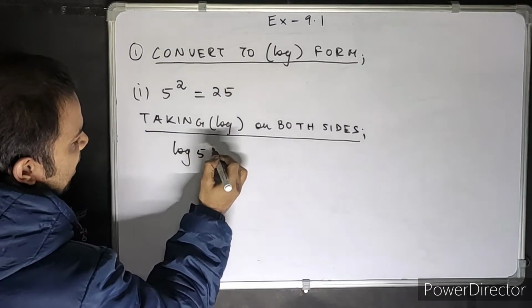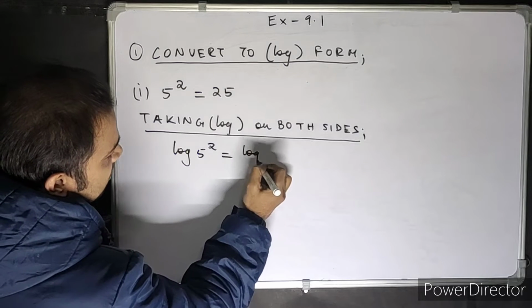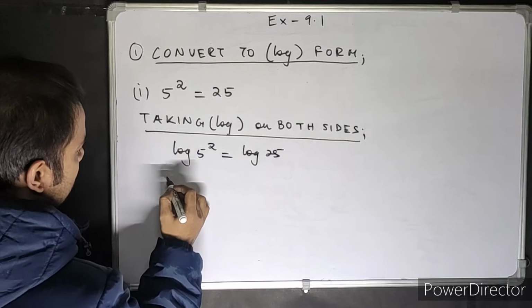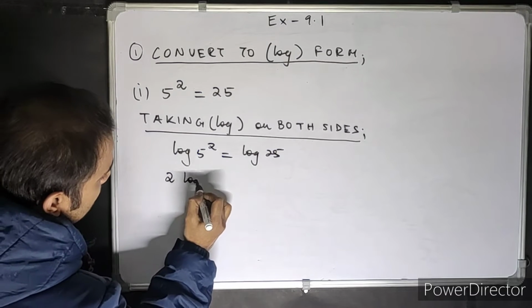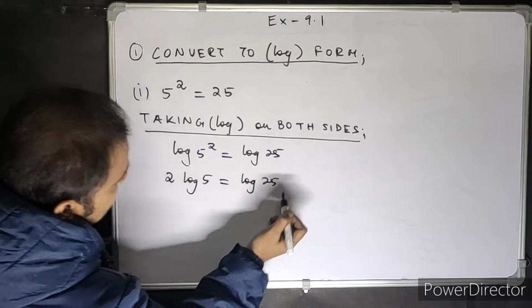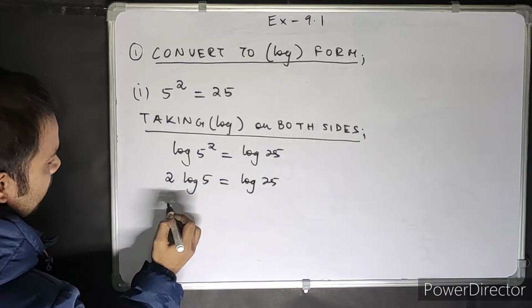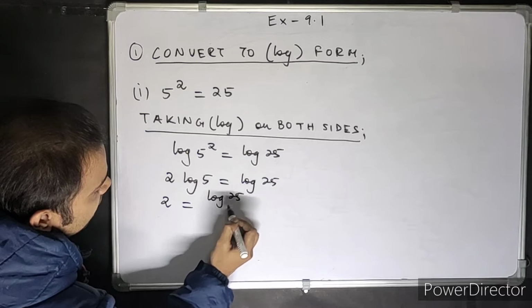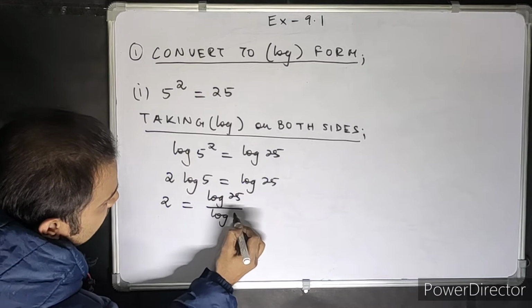So this is log 5 to the power 2 and that is log 25. The 2 comes in front according to the property. This is 2 log 5 is equal to log 25.